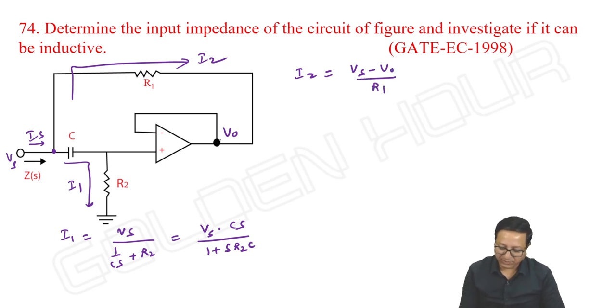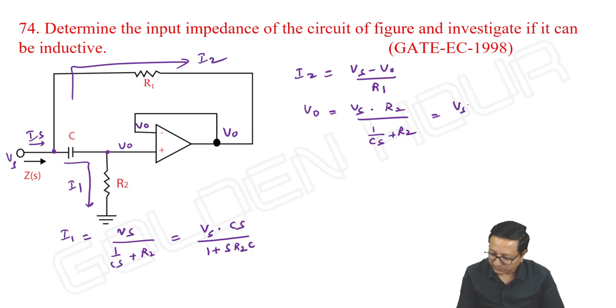But what is V output in terms of Vs? See, this is V output and this is also V output. Hence, by the voltage division rule, I can write V output is equal to Vs into R2 by (1 by Cs plus R2). It is equal to Vs into SR2C by 1 plus SR2C.